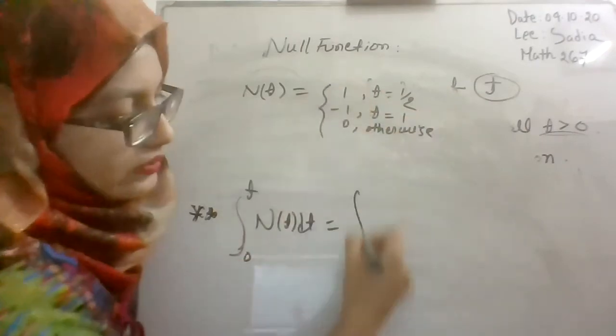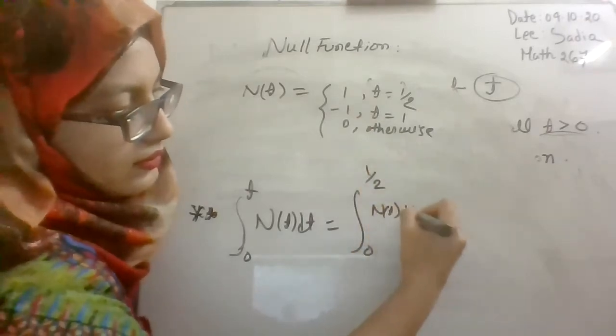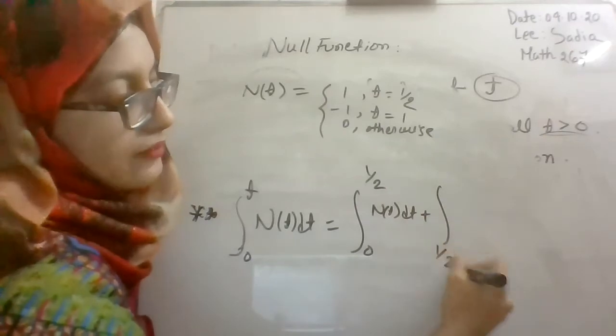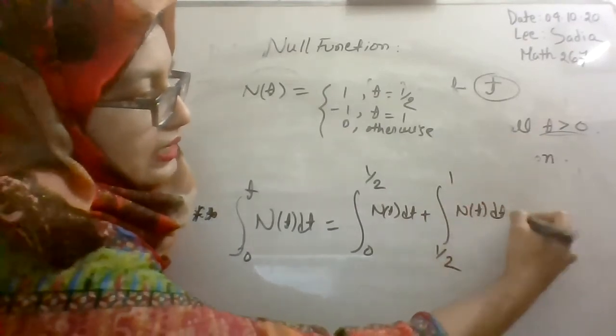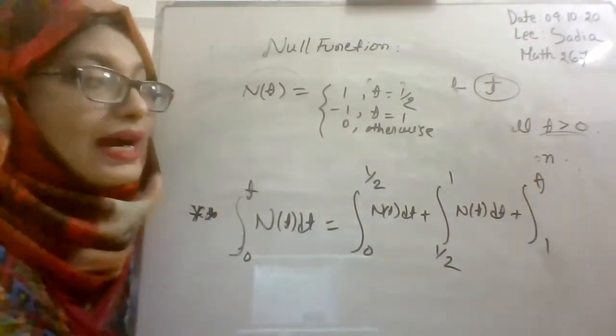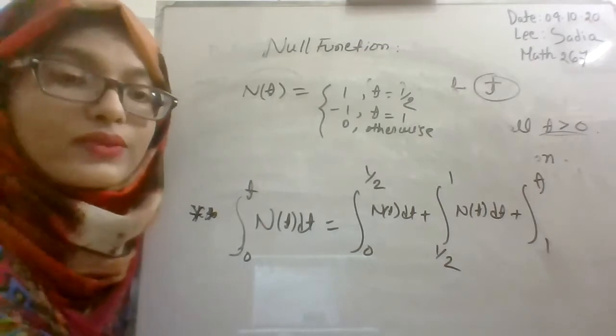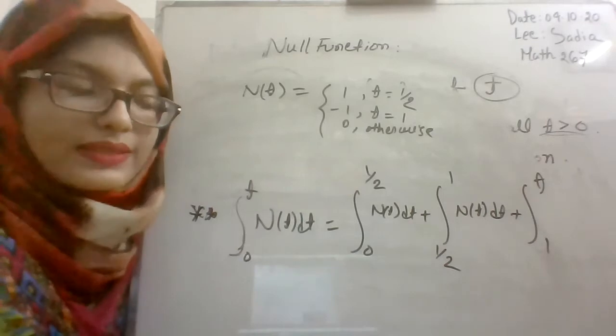So we will write it as 0 to half. After that it will be half to 1. And the rest of the part will be from 1 to t. But for the other values of t, from 1 onwards, n of t is equal to 0. So its integration will also be 0, right?